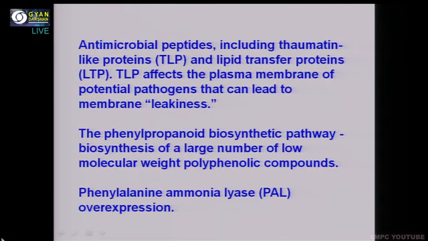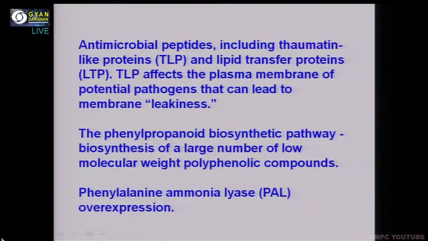Now, another very important enzyme is PAL, or phenylalanine ammonia lyase. This is the first enzyme in the phenylpropanoid pathway, and this pathway has an immense implication in the synthesis of various secondary metabolites like flavonoids, anthocyanins and phenolics.